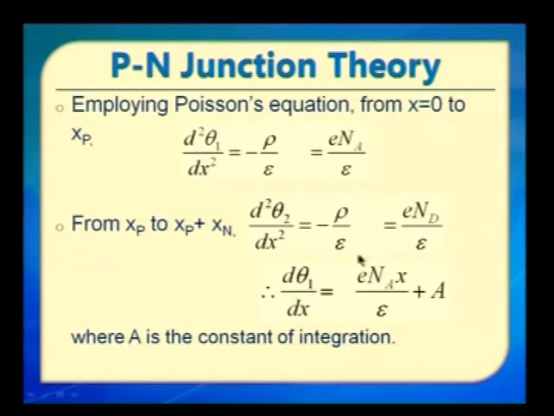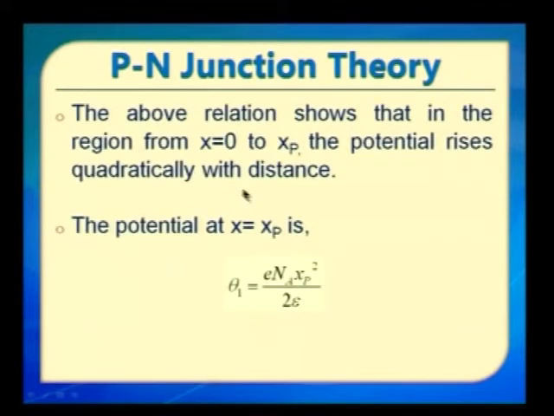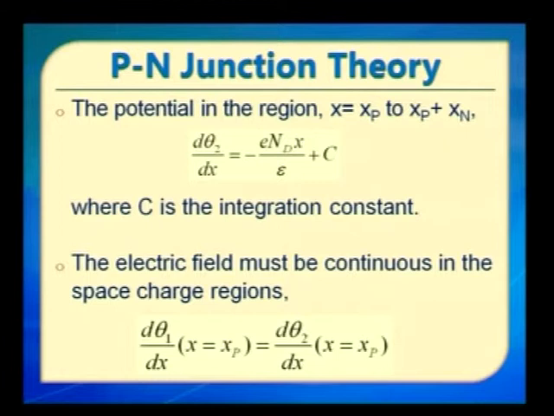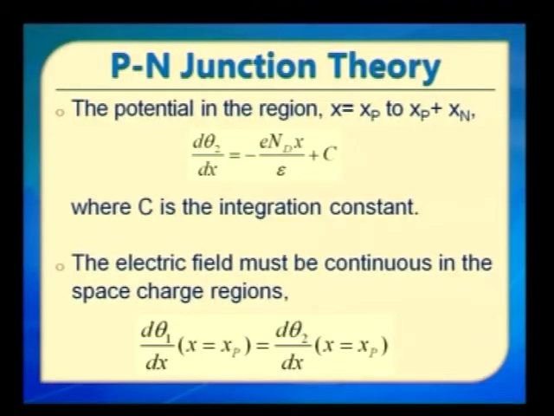Each ion will possess a charge E, therefore, it will be E times n d by epsilon. So, you write now d theta 1 by dx will be E times n a into x by epsilon plus a, where a is the constant of integration, and the above relation shows that in the region from x p to x p plus x n, d theta 2 by dx will be minus E n d into x by epsilon plus c, where c is the constant of integration.